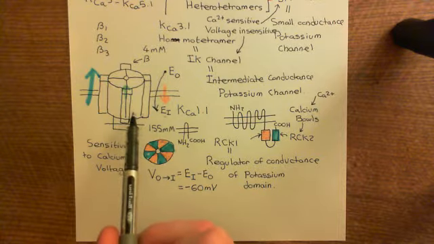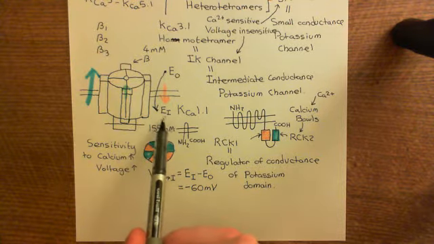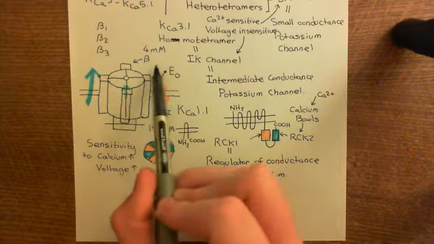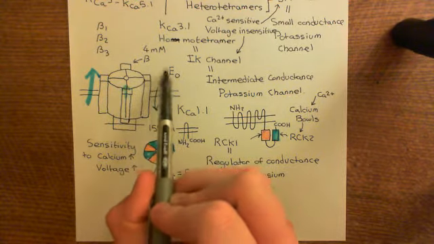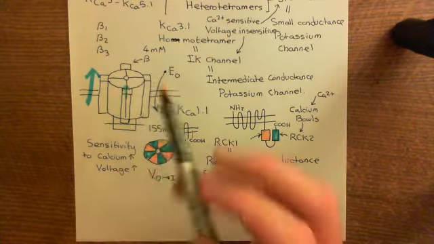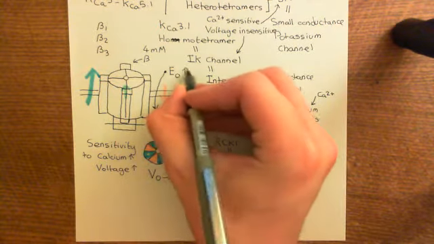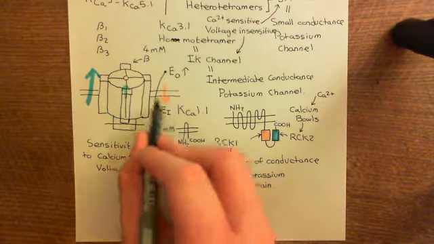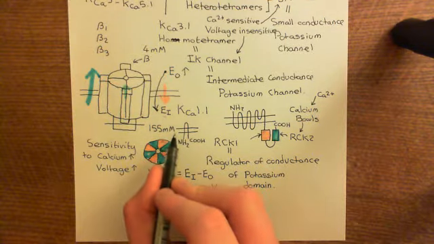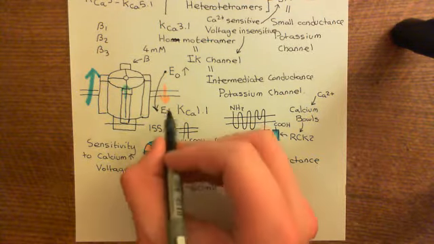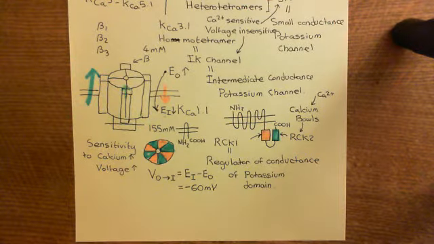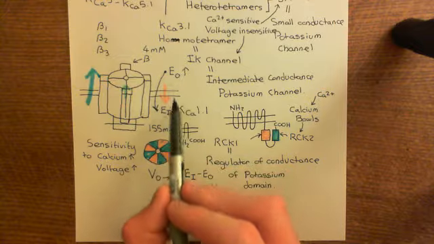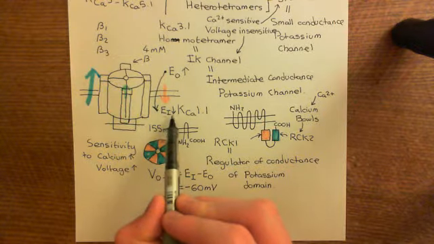We're now moving positive charge out of the intracellular compartment and into the extracellular compartment. So we're putting in positive charge here, which is going to raise the electrical potential outside, and we're taking away positive charge from the intracellular compartment, which means that the electrical potential of the intracellular compartment is going to go down. So this number is going up, this number is going down, okay?